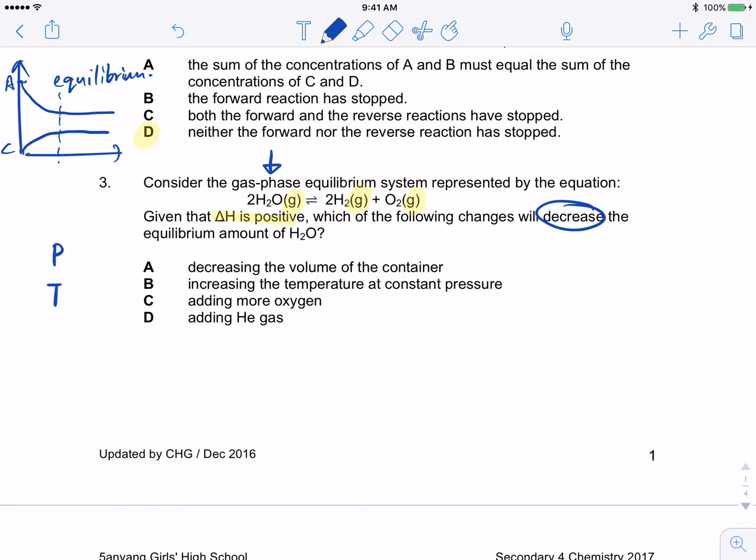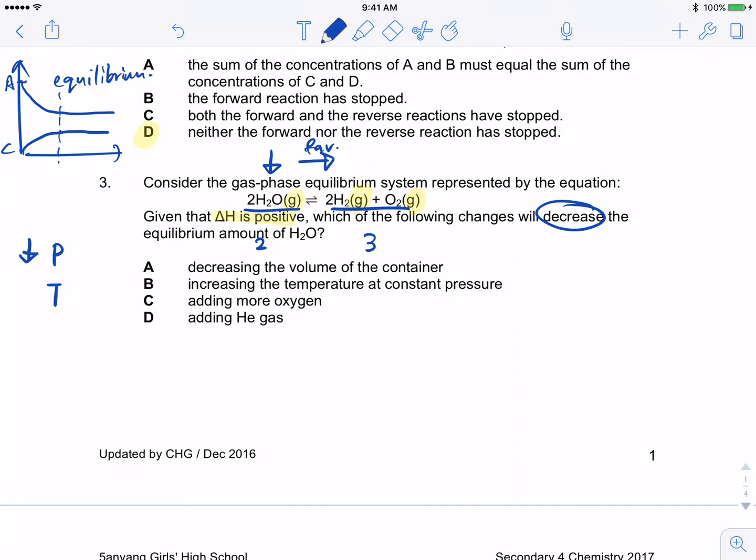If I want H2O to decrease, I must want to favor the right-hand side. So to favor the right-hand side, first let's observe the number of moles of gases. Over here, I have 2 moles of gases. Here, I have 3. So if I want to favor the right-hand side, favor the side with more moles of gas, the change I need to make will have to be to decrease the pressure.